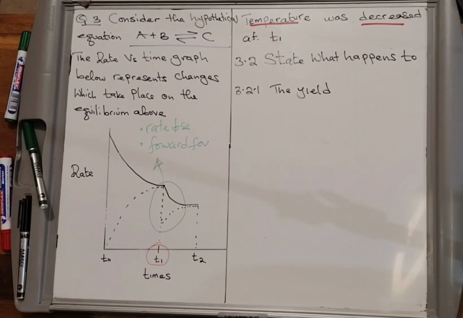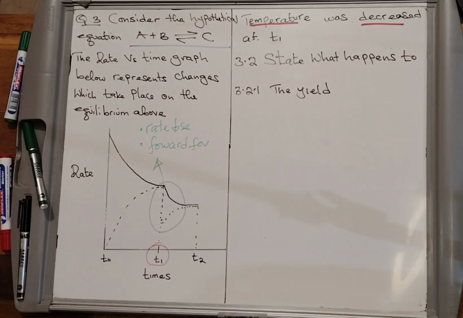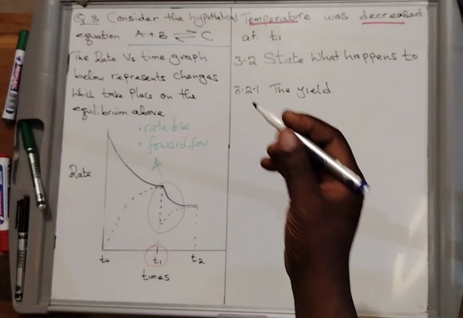Then comes this question. It says, state what happens to the yield. When the question talks about yield, it means the amount of product formed. So the question can be rephrased: state what happens to the amount of product formed. Does it increase or decrease?